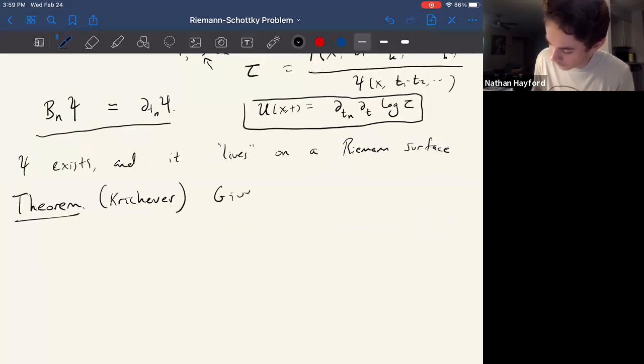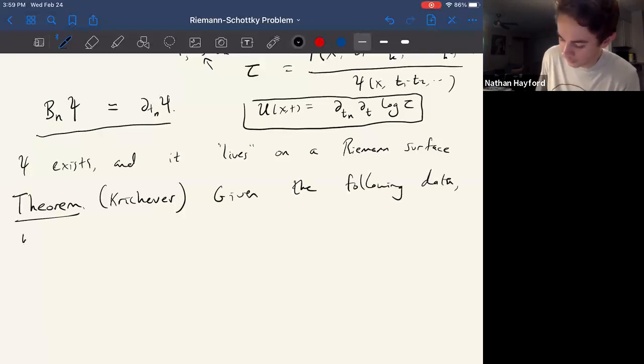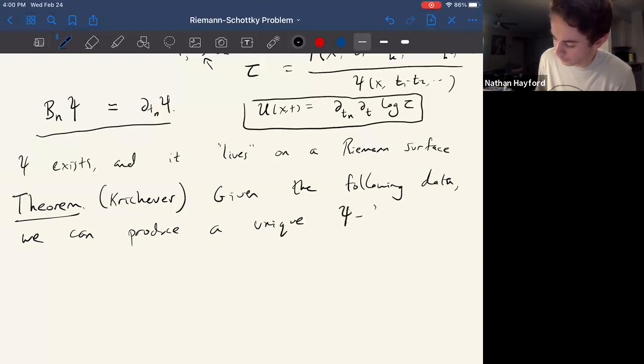Given the following data, we can produce a unique Baker-Akhiezer function, or psi function. So the following data is one, a Riemann surface with a marked point.